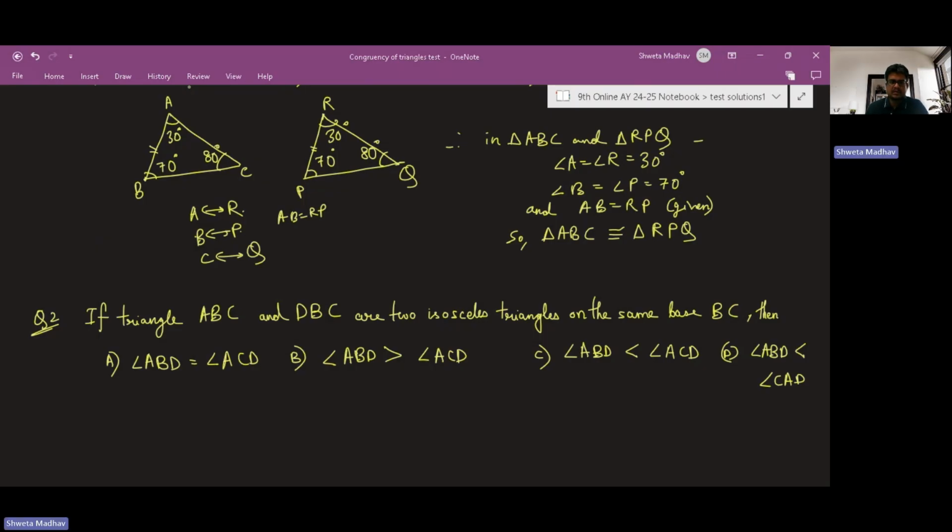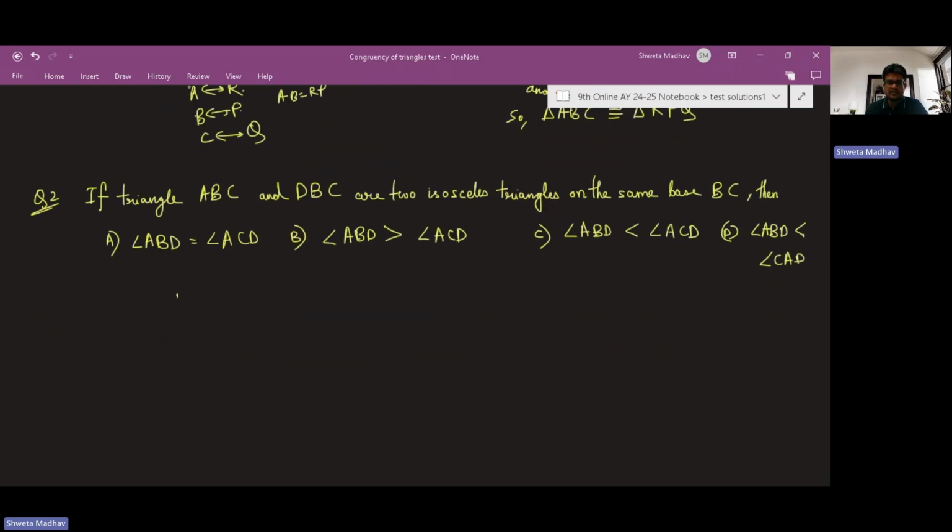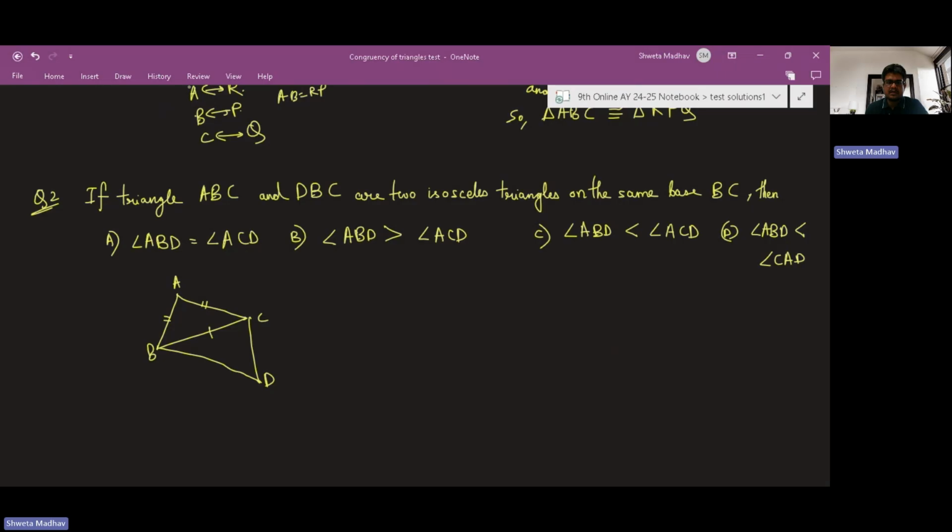So here we can see that triangle ABC and triangle DBC are two isosceles triangles on the same base BC. So it can be like this, which means ABC and DBC. Suppose AB and AC are equal and BD and CD are equal. So this angle will be equal to this angle.